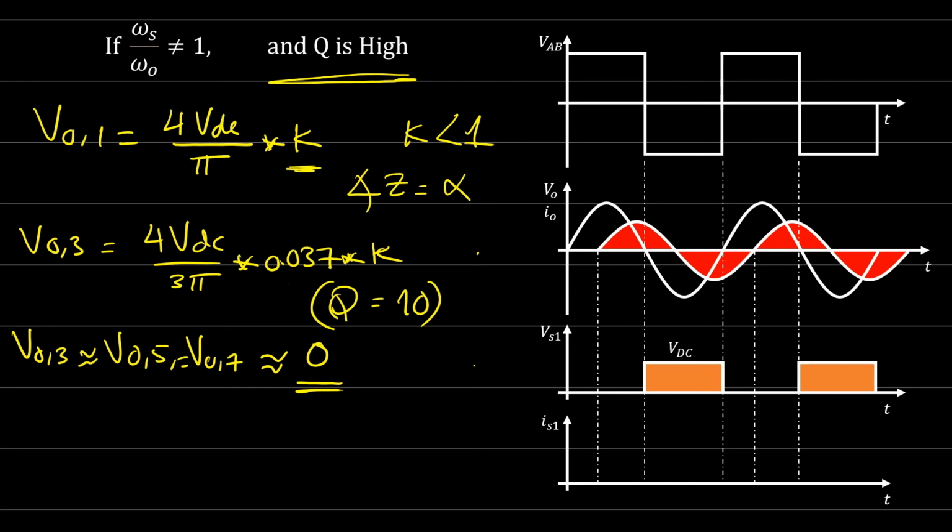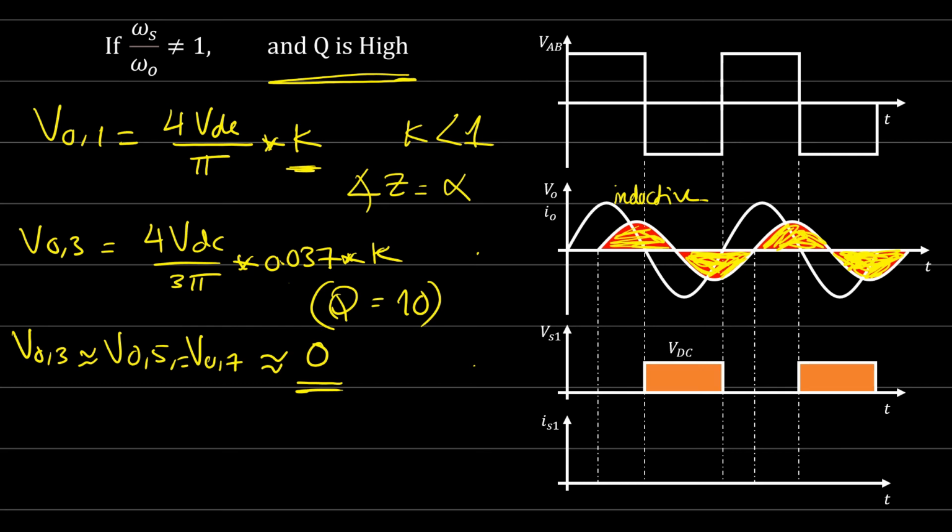This means we have an inductive load, right? Inductive load means the current is delayed. As we can see here, the current is delayed from the voltage, so we have an inductive converter here. But do we operate at resonance? Of course not. Not resonance, it's inductive.